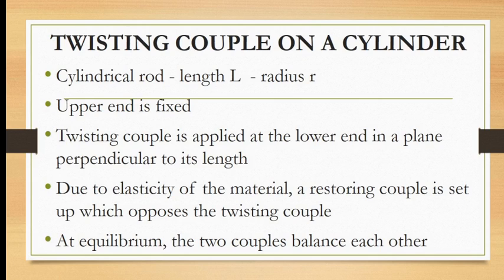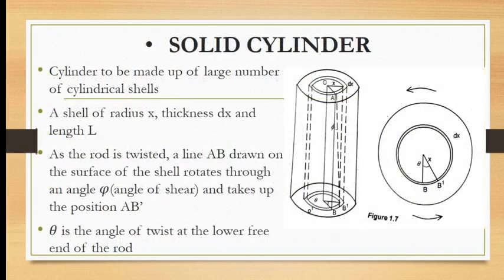So this is the picture of a cylindrical rod or cylindrical wire which we have, and we are going to find out the expression for the twisting couple. So first we are considering a solid cylinder.